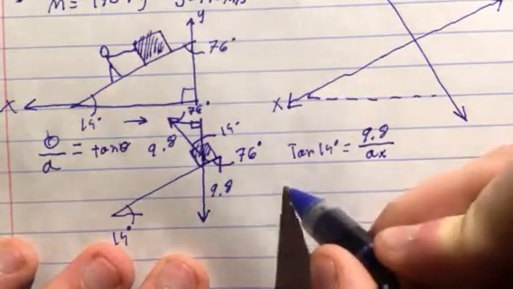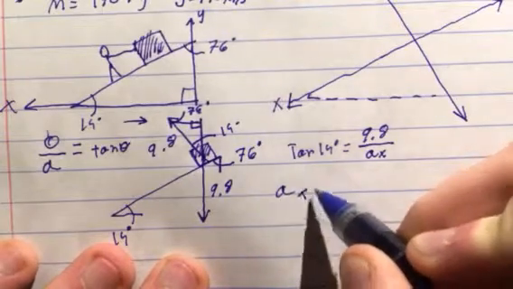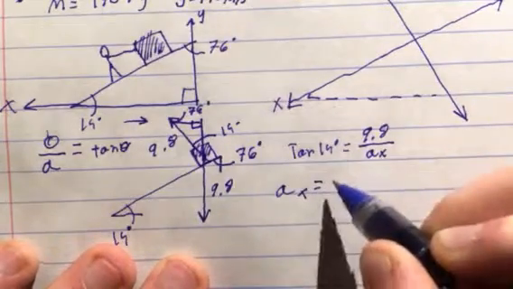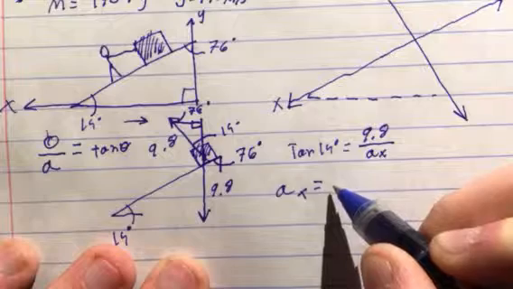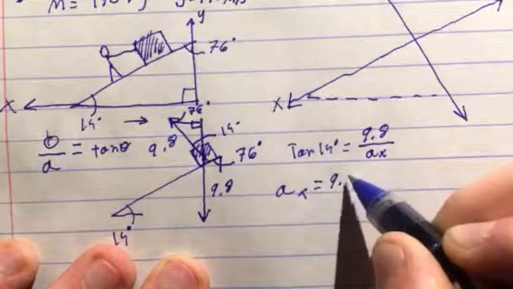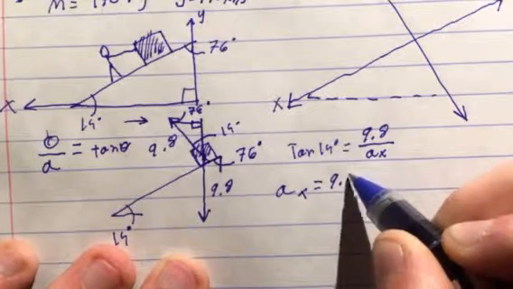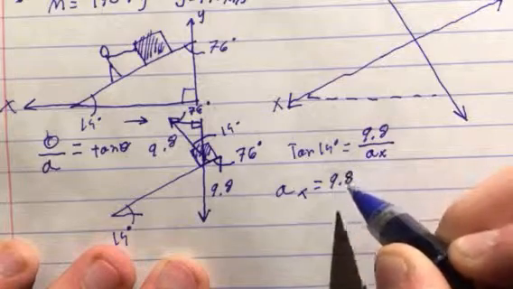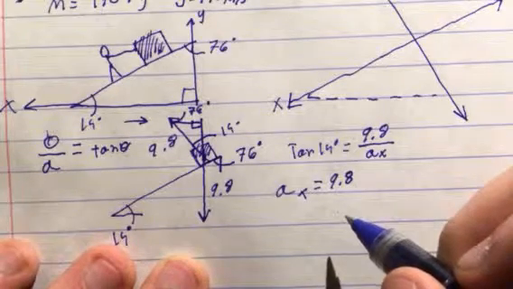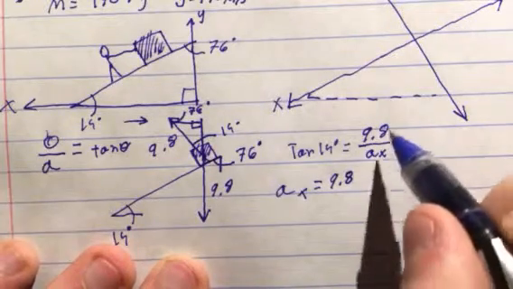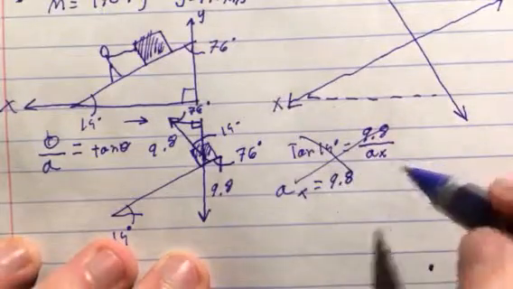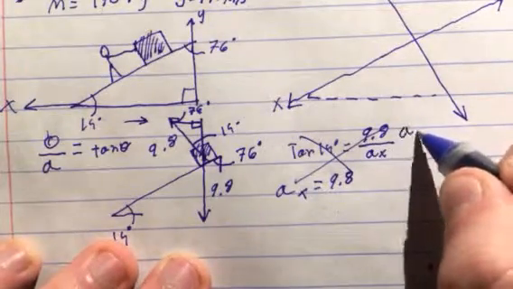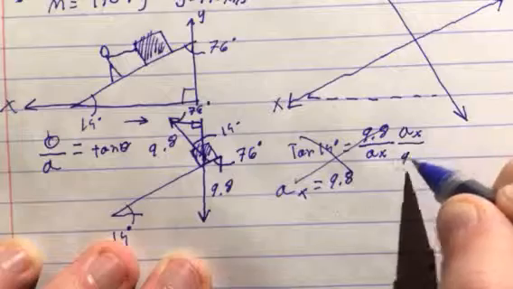So this means that a sub x equals 9.8... Shoot, I did the opposite over adjacent part wrong. That's my bad. It's supposed to be a sub x over 9.8.